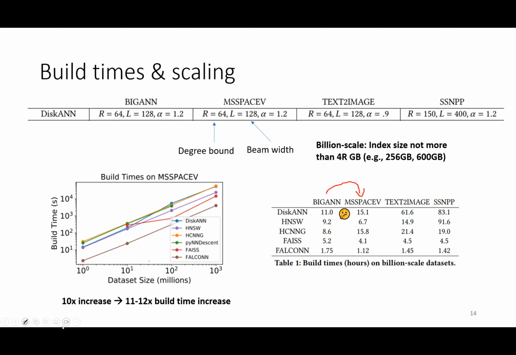Let's start with HNSW. HNSW has this multi-layer approach. If a node is inserted, you pick the level where it starts. So there's randomness there. KNN, you start with a random k-regular graph. It's random there.